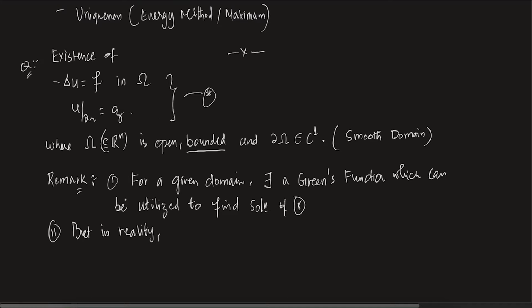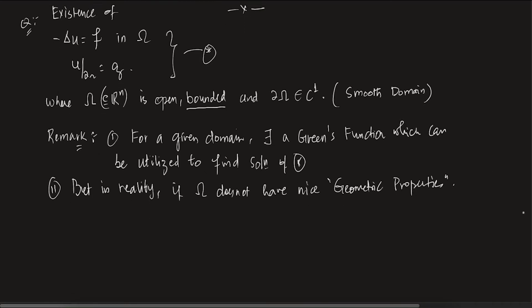But the problem is this: for that particular domain, for the unit ball, how do you find the Green's function? That's the question. In reality, if omega does not have nice geometric properties, this is very important, in some places you will see that they start constructing Green's functions out of nowhere.